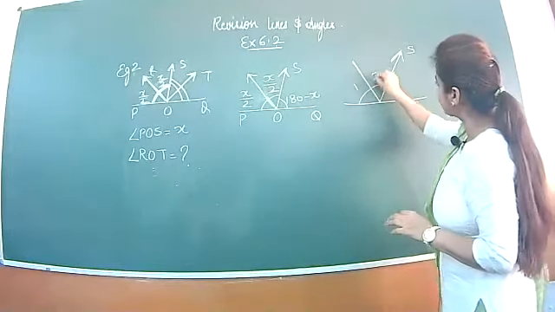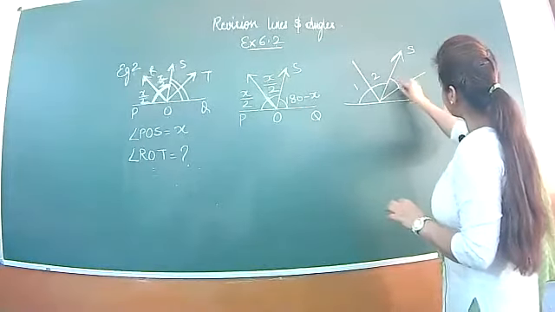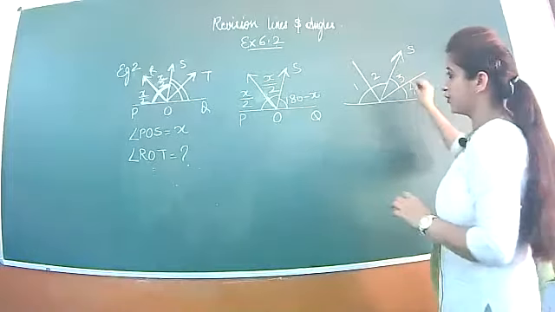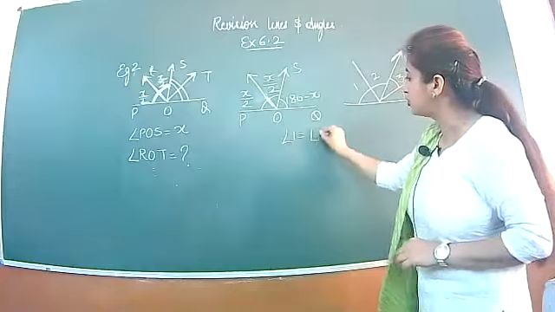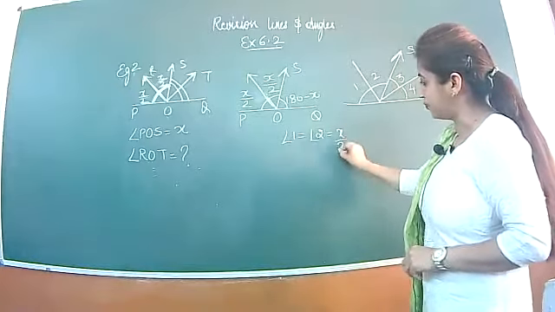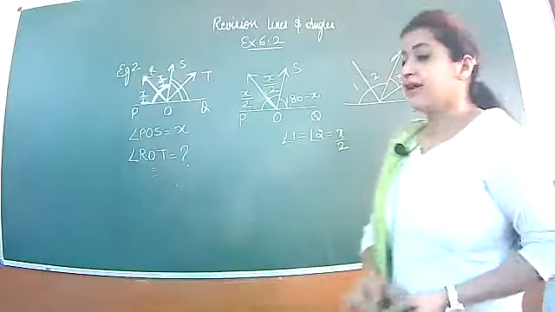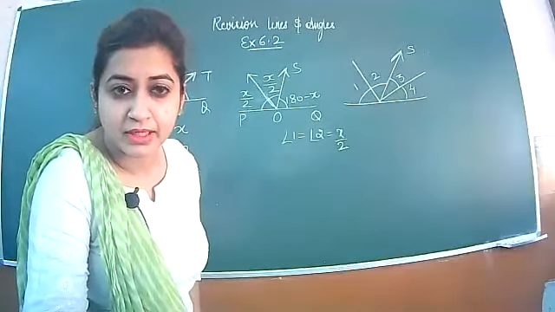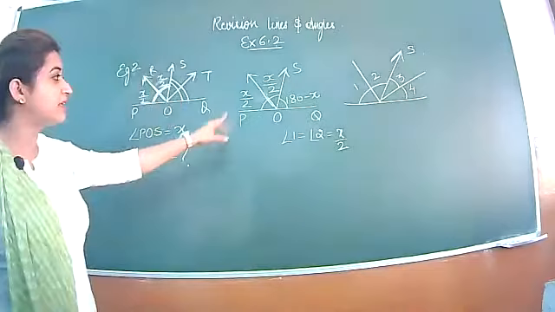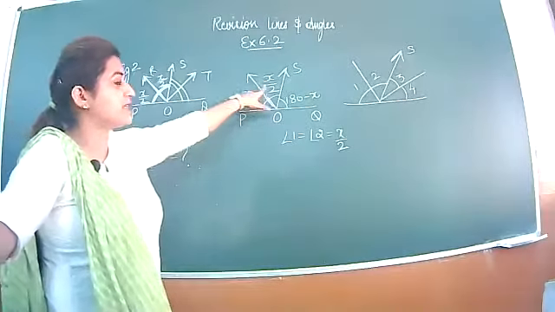This is angle 1, this is angle 2, this is angle 3, this is angle 4. Now here, can I write that angle 1 is equal to angle 2 is equal to x by 2? This complete angle x has been divided into two parts and each part is x by 2.